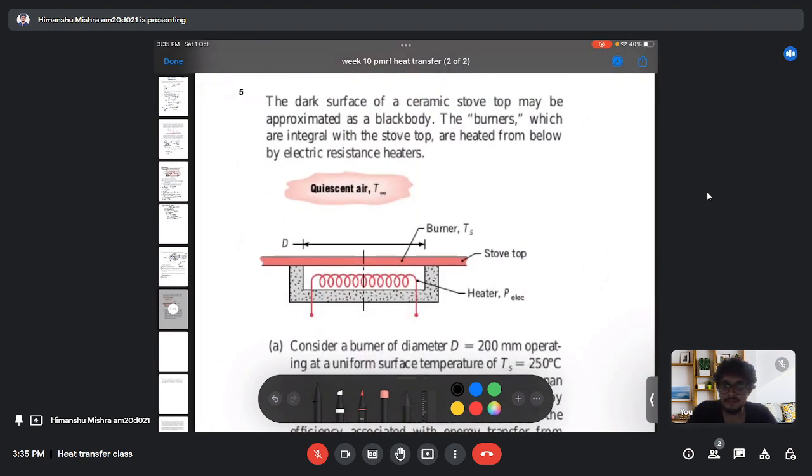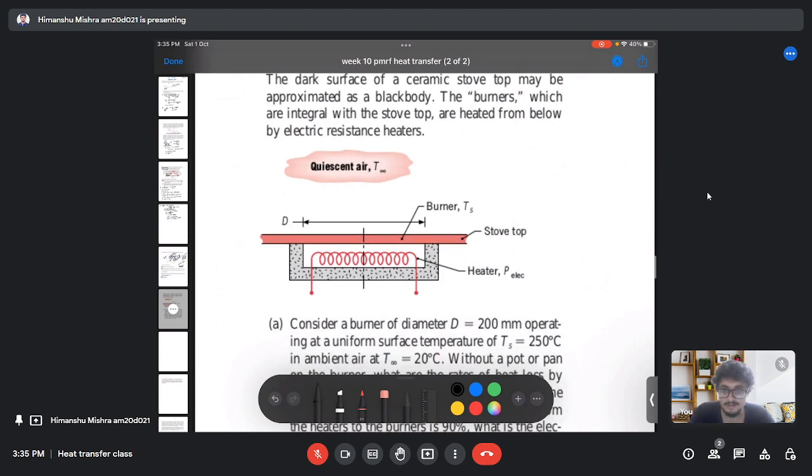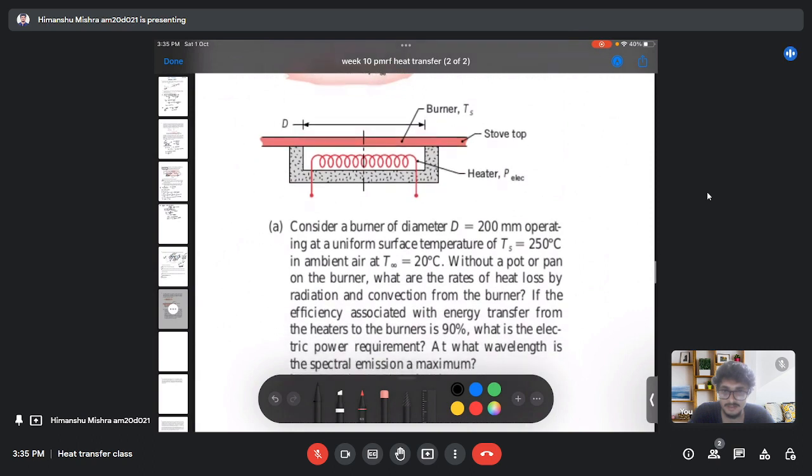In this question, we are given that the dark surface of a ceramic stove top may be approximated as a black body. The burners, which are integral with the stove top, are heated from below by an electric resistance heater. Consider a burner of diameter D 200 mm operating at a uniform surface temperature of 250 degrees Celsius and an ambient temperature of 20 degrees Celsius.